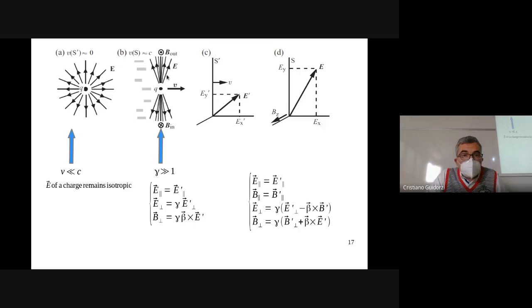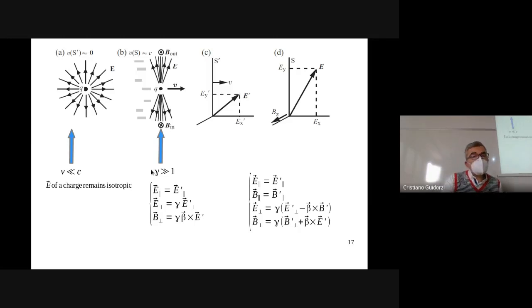So the result, these lines here in the moving frame, in the lab frame, look this way. So this is what the electric field lines look like. But now that you know this, you can also see how the magnetic field, and you see there is a magnetic field.